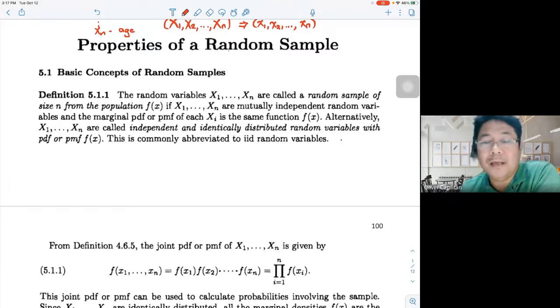That is why the definition of a random sample in 5.1.1 is satisfied.